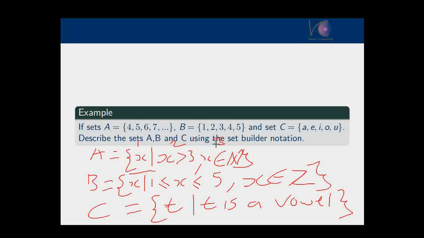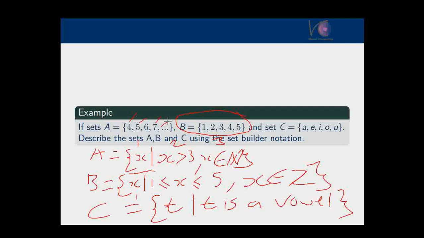Same thing on B. B is a set that has numbers. Again, it is going to have three sections. The first section, you have X here. What is this first section? This is going to be any arbitrary element or any arbitrary letter that is going to be representing these elements.